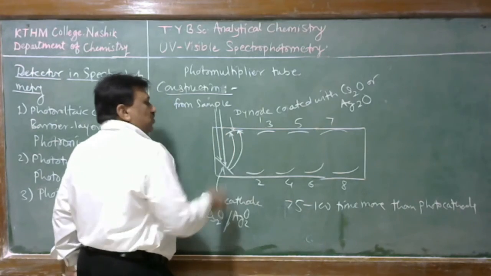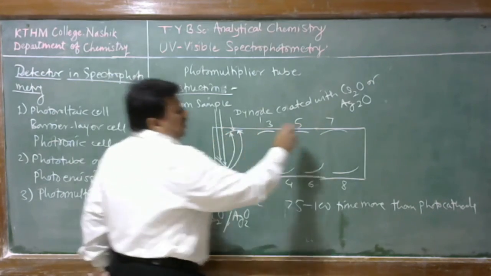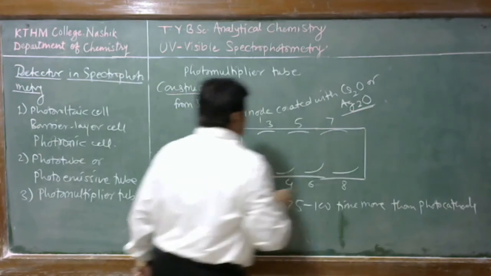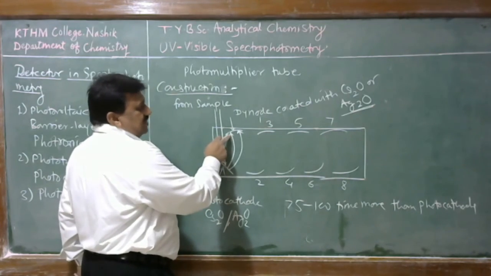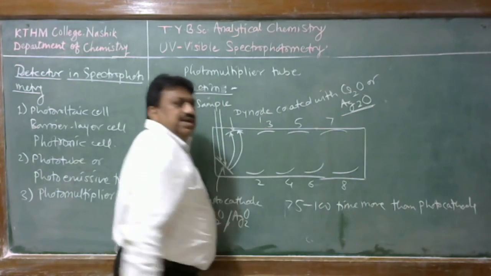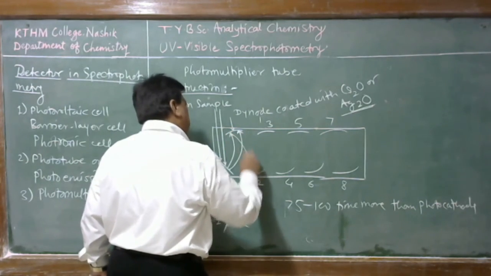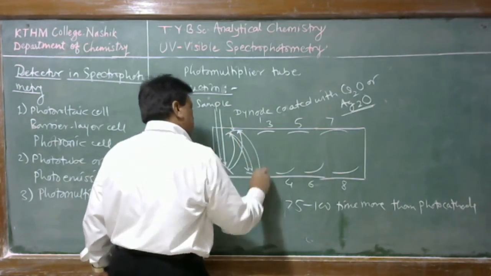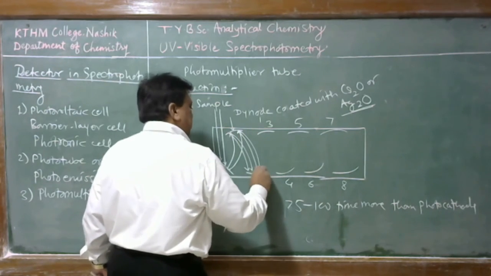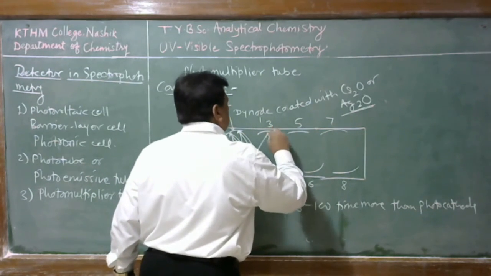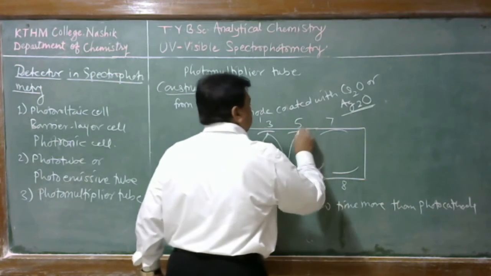This primary electron strikes the first diode, which is coated with silver oxide, and that again emits multiple electrons, and this continues 8 times.